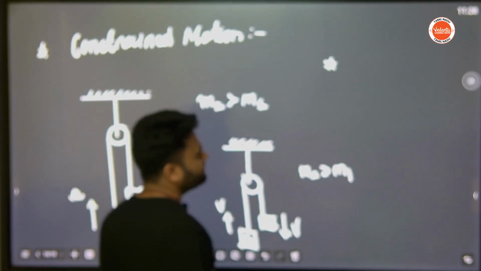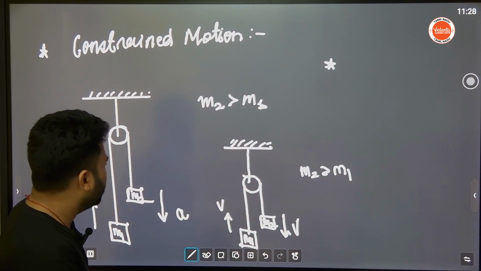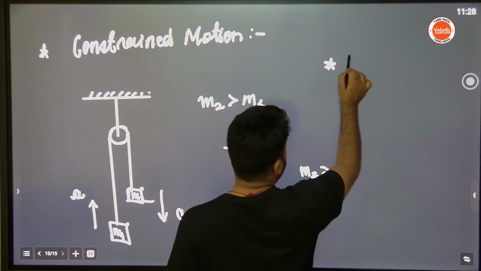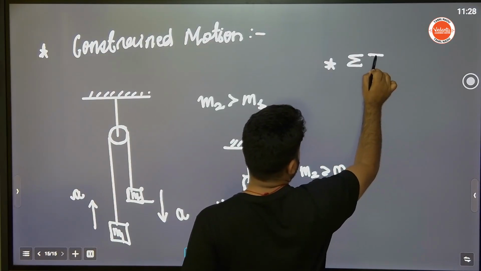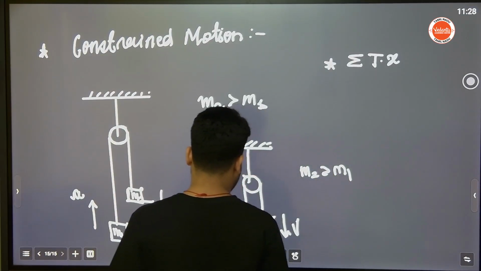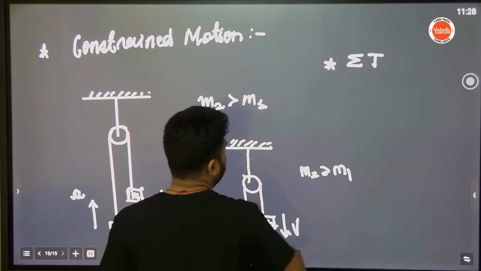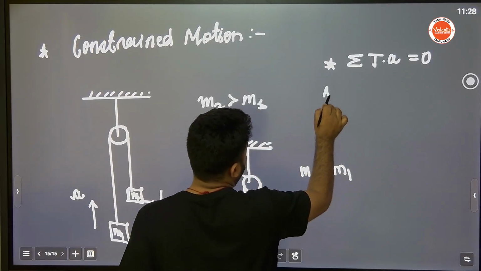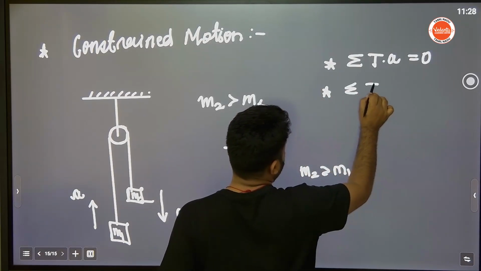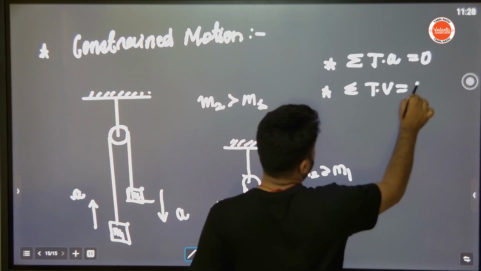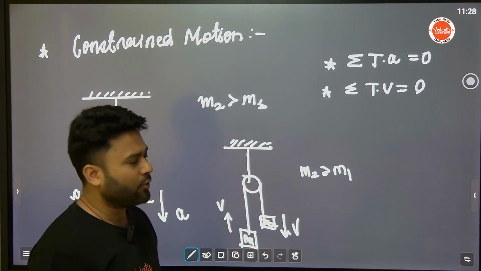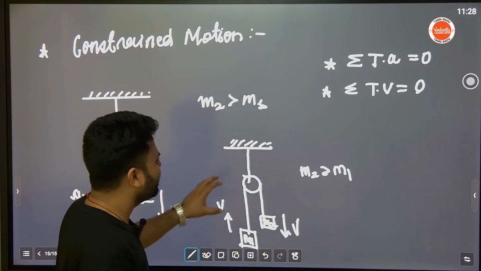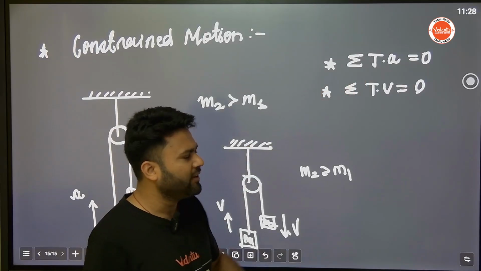If they ask with what velocity and acceleration they will go, always remember that summation of T dot a is equal to 0, or if they have asked about velocity, you can write summation of T dot v equals 0. Means if there is an acceleration question, you apply this. If there is a velocity question, you apply this.